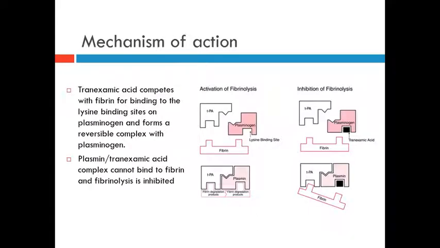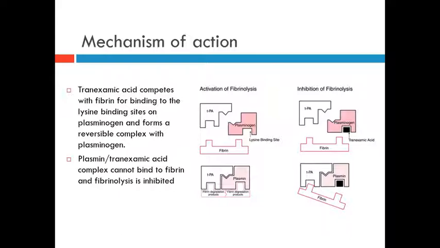So in previous slides, we have seen the process of fibrinolysis in which TPA is involved. TPA activates plasminogen and it breaks down the fibrin meshwork. That is normal. Okay, but what happens if we don't want to dissolve the clot? So we need a tranexamic acid.